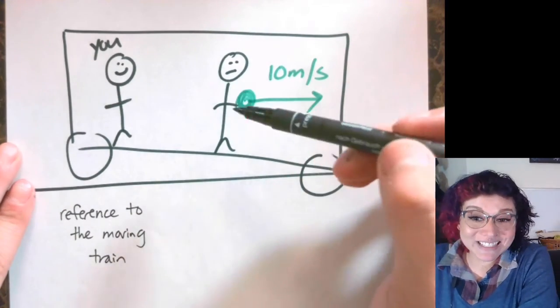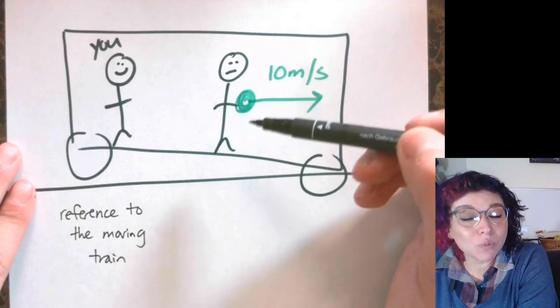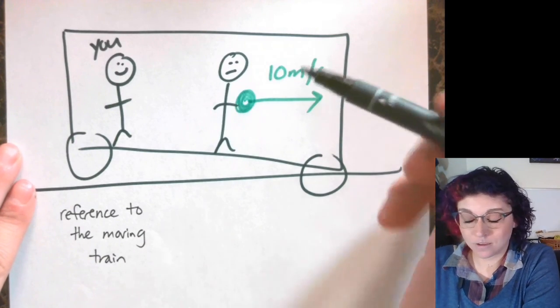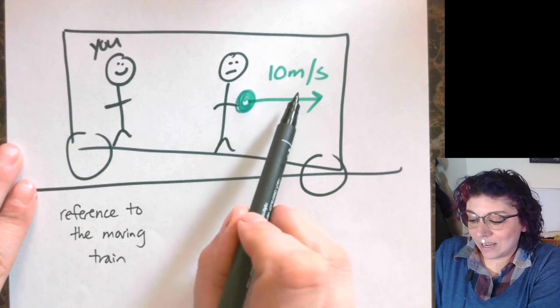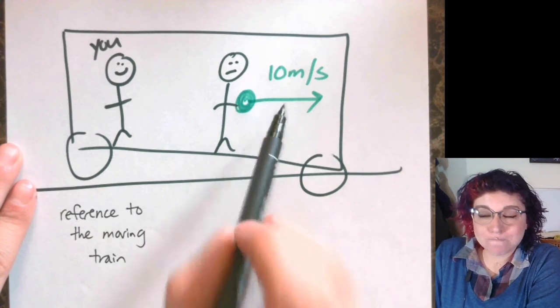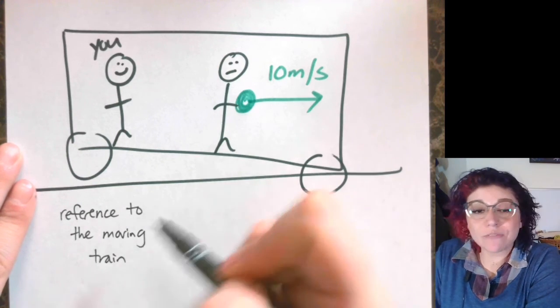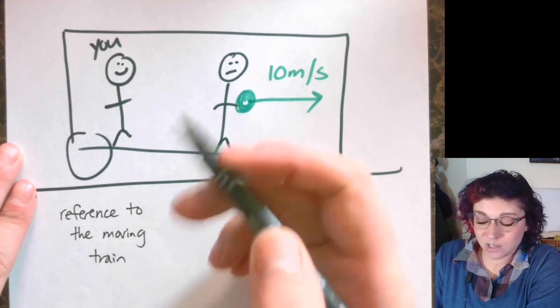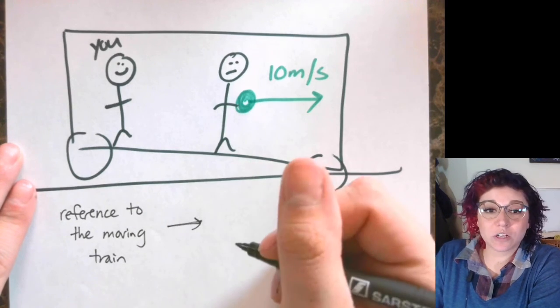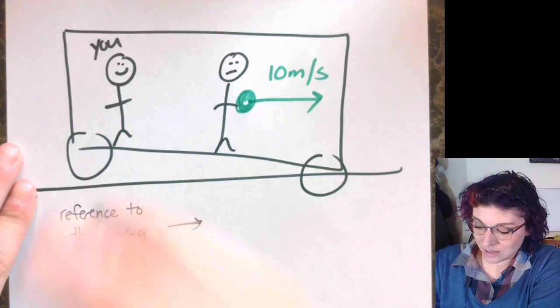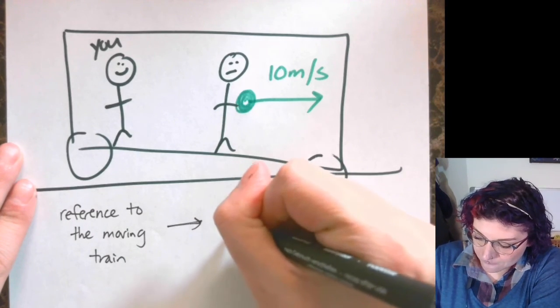Imagine you are inside this train and you see someone throw an object inside the train. It's going to look like, when we say reference to the moving train, that means we are treating that surrounding that train as a constant.